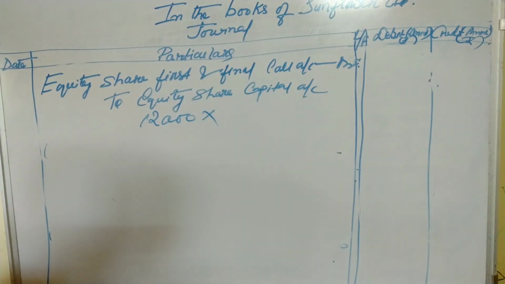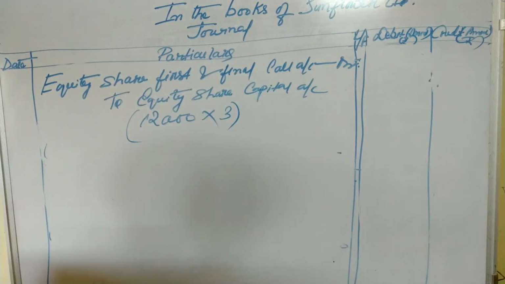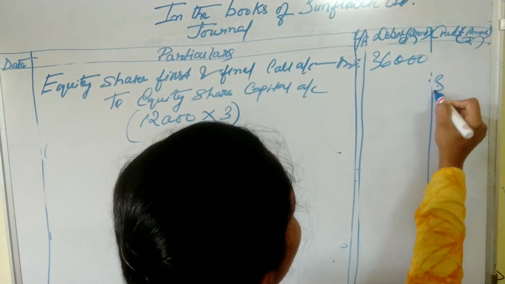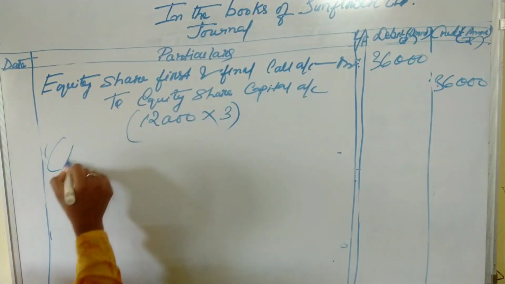12,000, and the rate of first and final call is rupees 3, that is 36,000. So we'll write the narration.